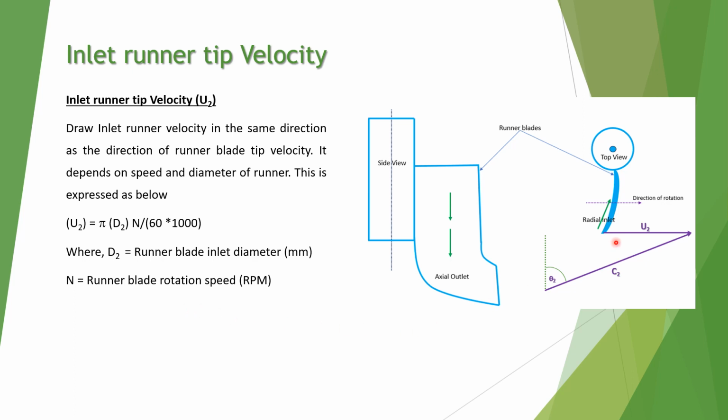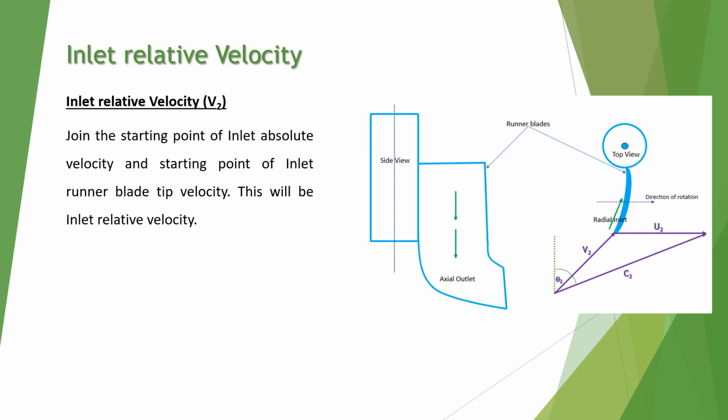So with this you can draw U2. Now the inlet relative velocity V2: we have to join the starting point of C2 and the starting point of U2. This will give you V2, that is the inlet relative velocity.